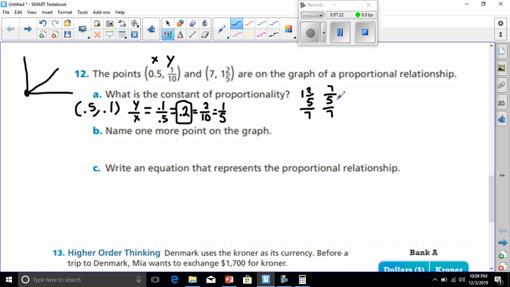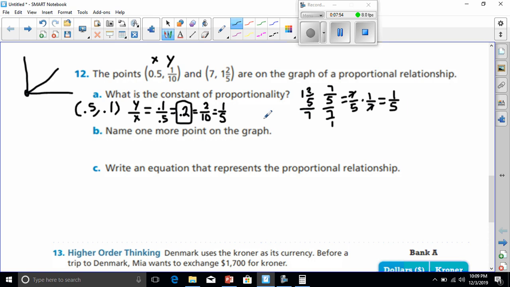And if we do this, we can use KCF because we have a fraction in a fraction. We keep the first one the same. We change from division to multiplication, and we flip the next one. So if this is 7 over 1, this becomes 1 over 7. We're going to get rid of our 7, use the butterfly method, and we get 1/5.